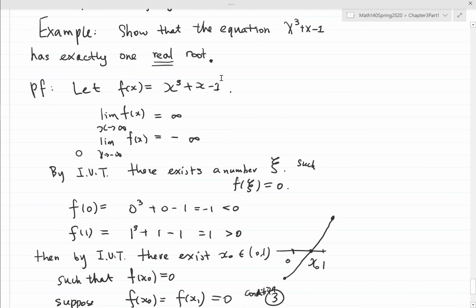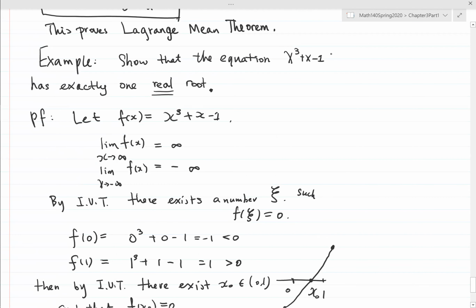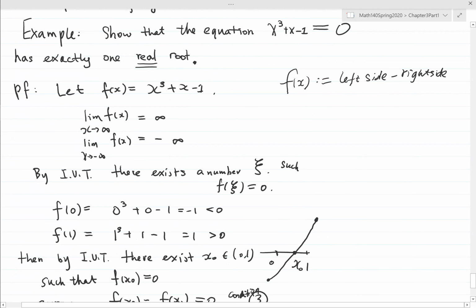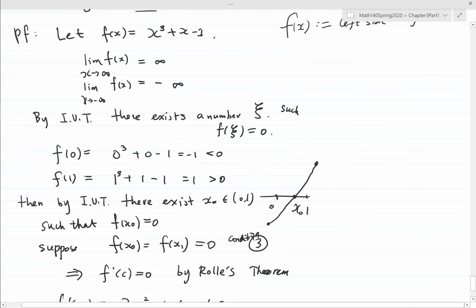Well, we have an equation, and we move everything to one side so it equals 0. We construct the function f(x) to be the left side subtract the right side. Of course we can use the right side subtract the left side. It's not a big deal. The only difference is we multiply by -1.